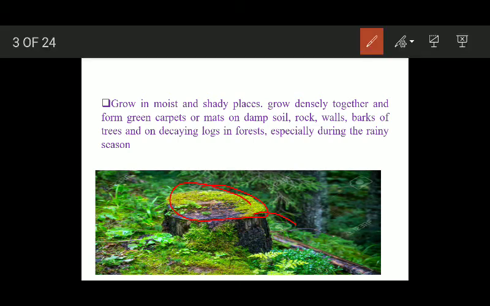You might have seen these types of growths on damp soil, or these green mat-like structures on the decaying logs. These are the bryophytes.